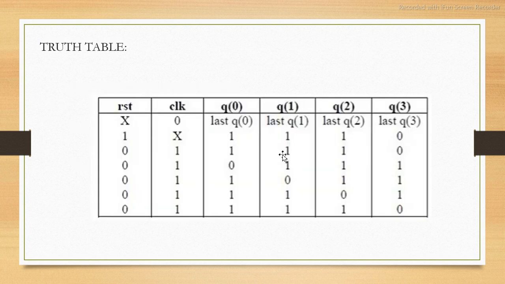This is a truth table for the ring counter. For example, I give 1110. The last output is connected to the first input, so 0.